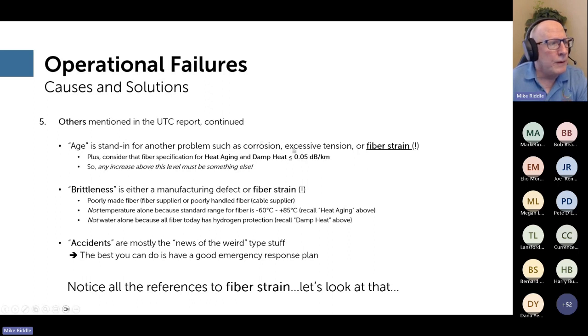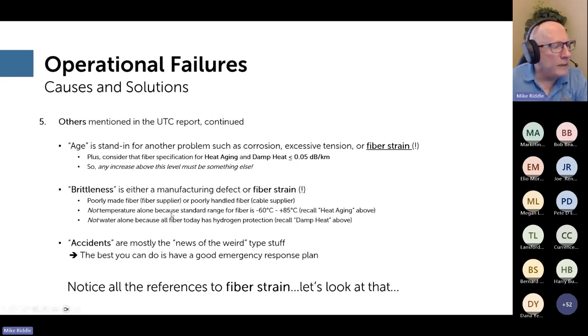It could be from corrosion, excessive tension, or fiber strain. Brittleness was also reported, and that too, I'm going to say, is either poorly made fiber, which is really to say a manufacturing defect, or they handled it poorly. Again, another version of manufacturing defect.